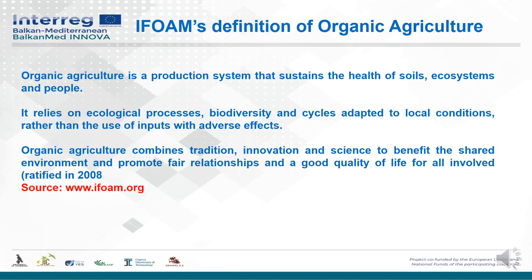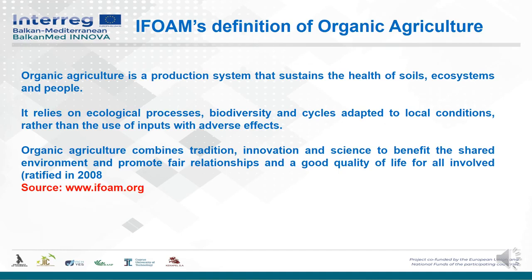Regarding the IFOAM definition, organic agriculture is a production system that sustains the health of soils, ecosystems, and people. In order to realize this, to keep the soils and ecosystems healthy, it relies on ecological processes, biodiversity, and cycles adapted to local conditions rather than the use of inputs with adverse effects.